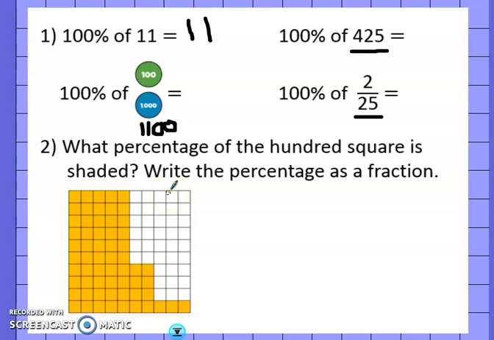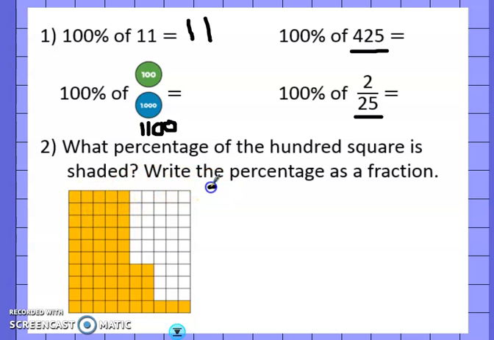Here, number 2, what percentage of the 100 square is shaded? Write the percentage as a fraction. I'm not going to count each individual square, that will take too long. You'll know that every column is 10, 10, 20, 30, 40, 50.